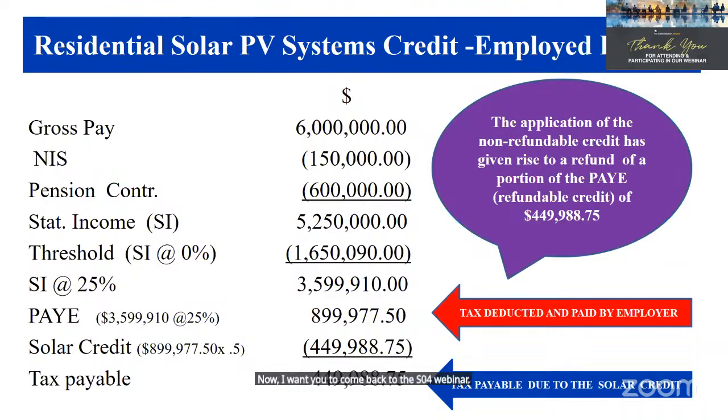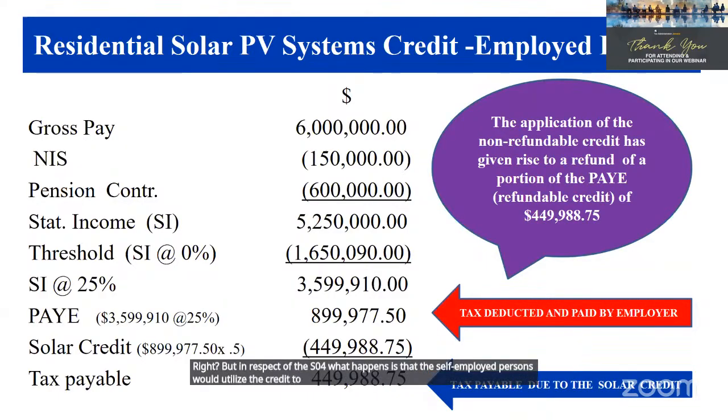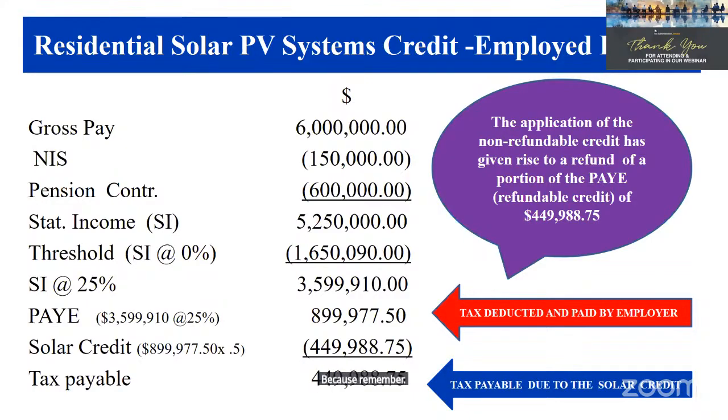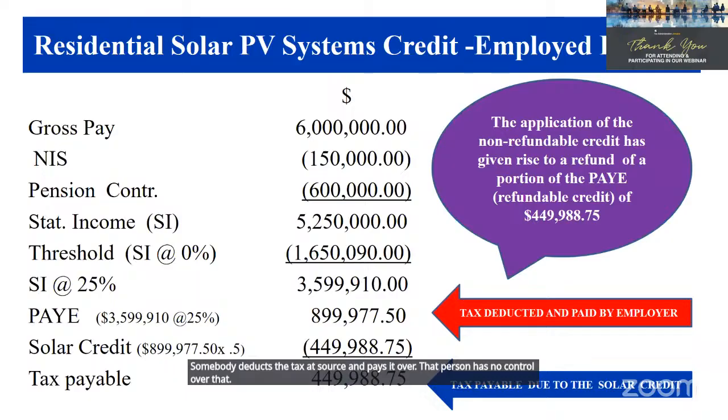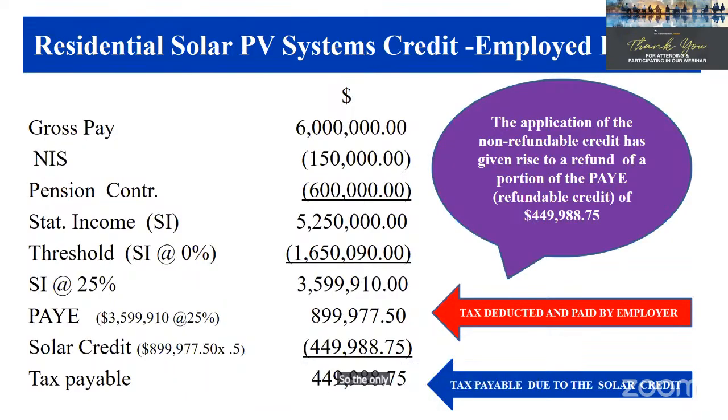For the employed person, somebody deducts the tax at source and pays it over. That person has no control over that. That's what the law requires. So the only way for them to benefit is to get a refund of some of the money.